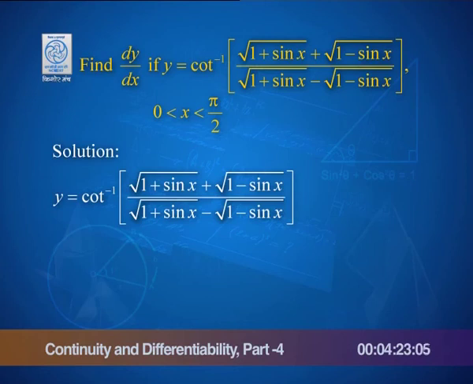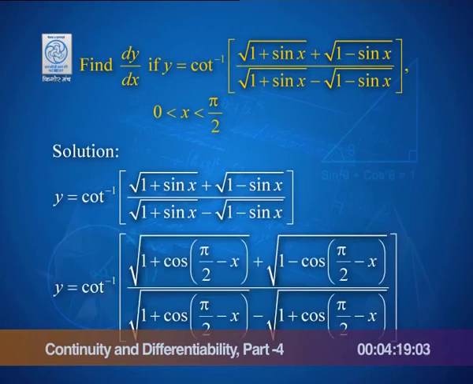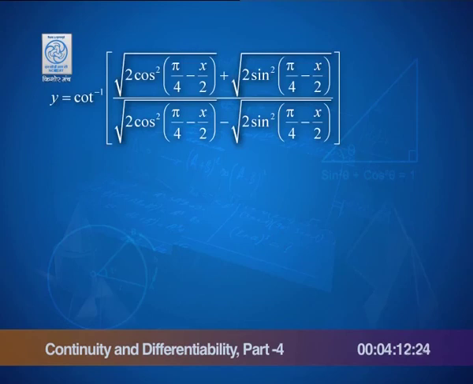What can we do? I can write that sin x as cos pi by 2 minus x all across. Why would one do that? Simply because 1 plus cos theta is 2 cos squared theta by 2 and 1 minus cos theta is 2 sin squared theta by 2.